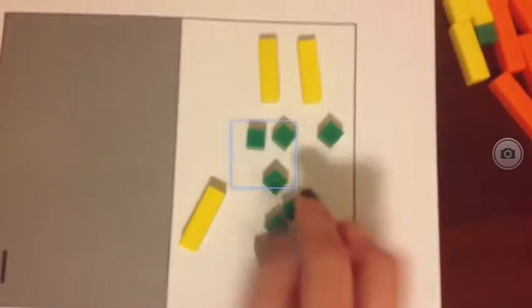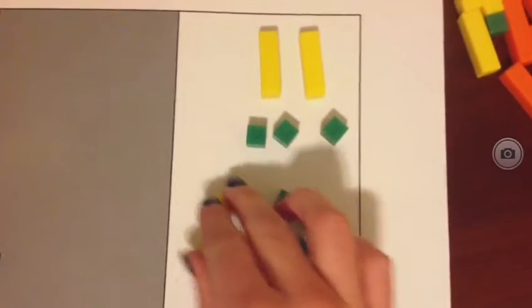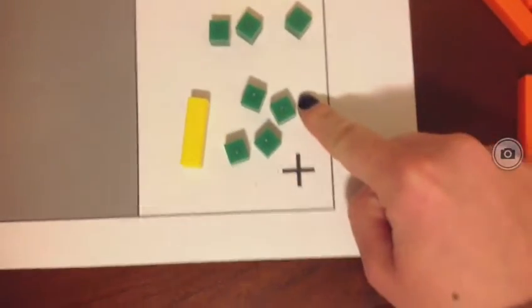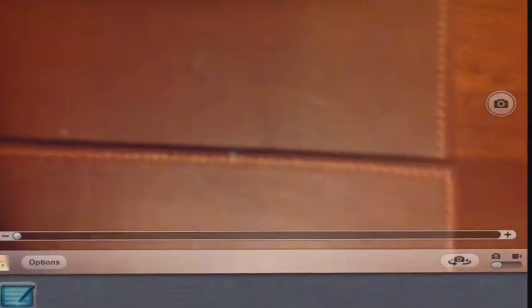Okay, I'm also going to model x plus 4. So I'm going to put another yellow x block here. Okay, plus 4 green blocks. Okay, so at the top here I've got 2x plus 3 showing, and at the bottom here I've got x plus 4. So I'm going to go ahead and take a picture of that, and then we're going to drop that into GoodNotes.